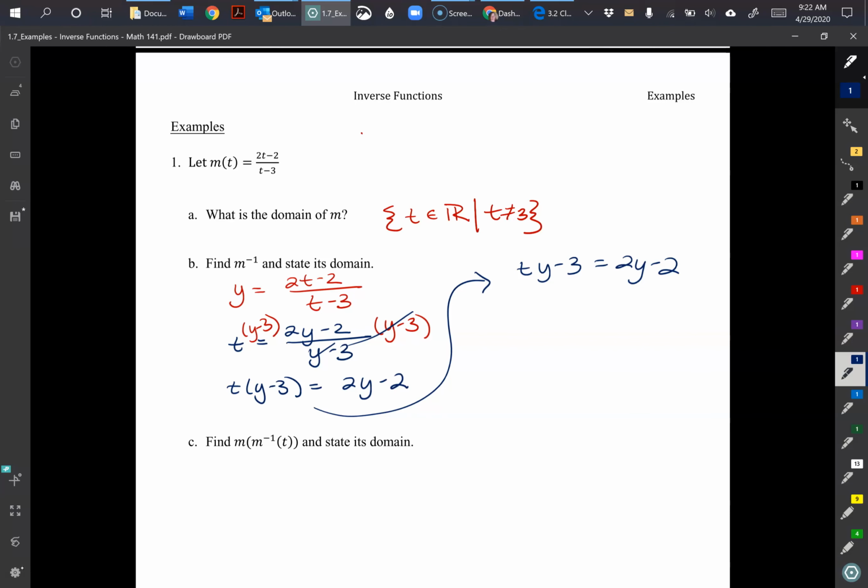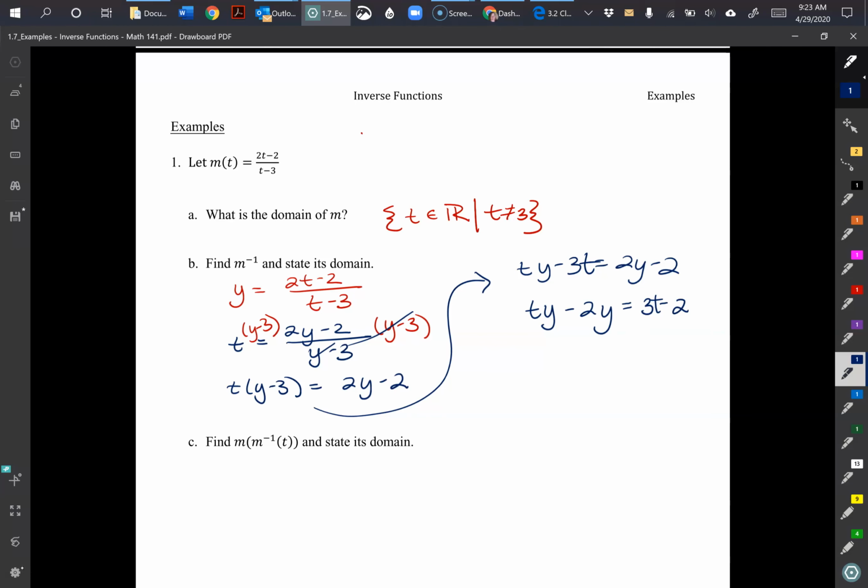So now I need to collect my y stuff to one side, and my other stuff over there. Well, I'm going to end up with a t and a y here, ty minus 2y, so I'm collecting over there. Then I'm going to add the 3t, so it should be 3t minus 2.